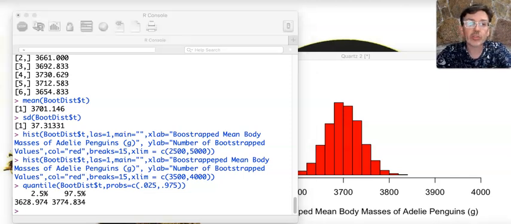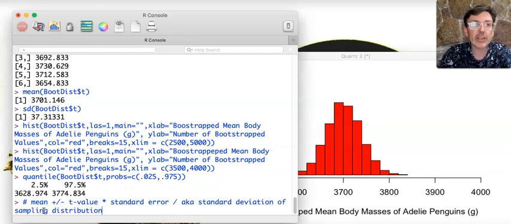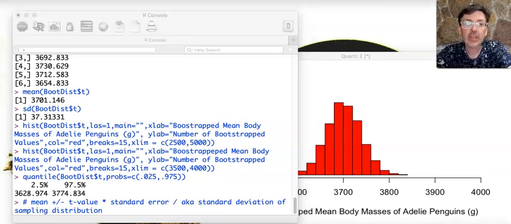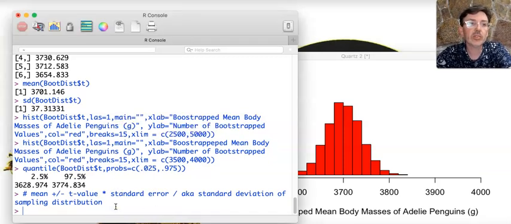And we can also do this the way we did before, where we take the mean value plus and minus the t-statistic multiplied by the standard error, which in this case is the standard deviation of the sampling distribution. And we can get our t values by plugging the value in.